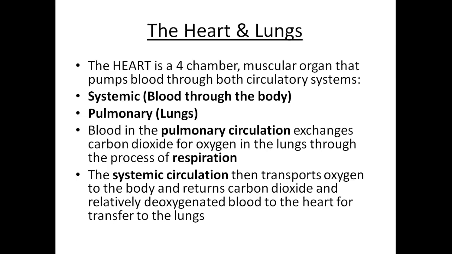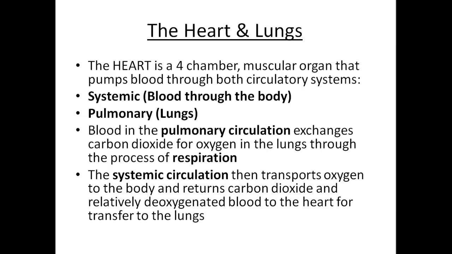So what is the heart? It's effectively a 4-chamber muscular organ that pumps blood around the body. There are 2 circulatory systems. The systemic, that's blood going through the body, and then the pulmonary, that's blood going to the lungs to get oxygenated. So blood in the pulmonary circulation exchanges carbon dioxide for oxygen in the lungs through the process called respiration.